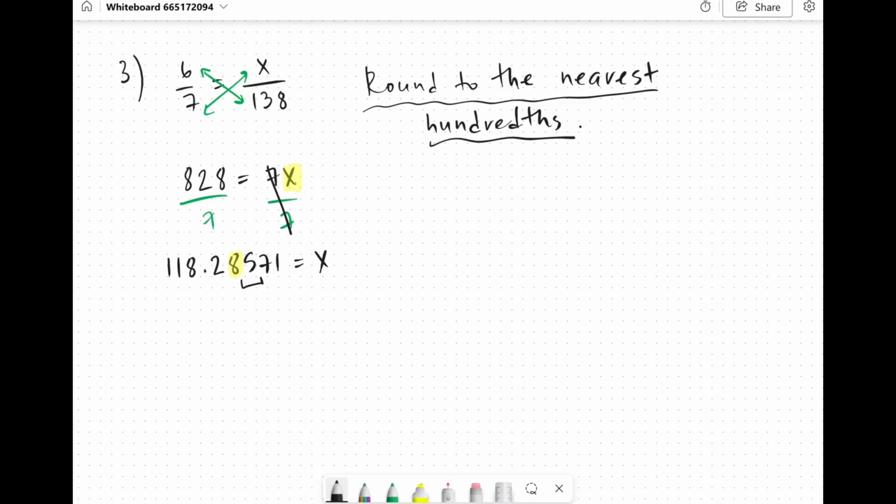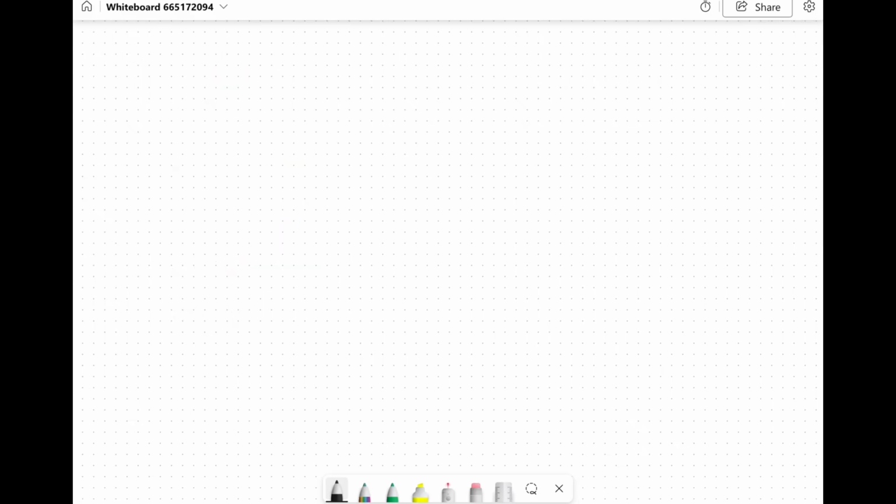In that case, 8 stays at 8. But if in place of your 5, you have a 5, 6, 7, 8, or 9, which is our case, we have a 5, then 8 becomes the 9, and everything else after that 8 is gone. So the answer is 118.29. Here's number 4.